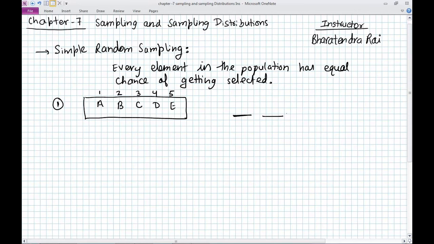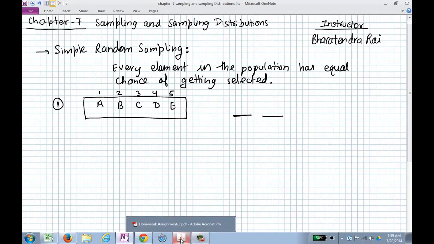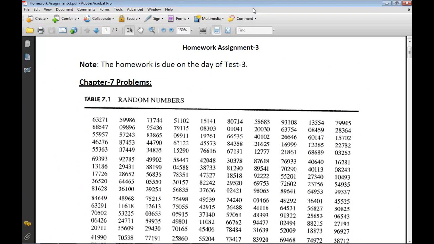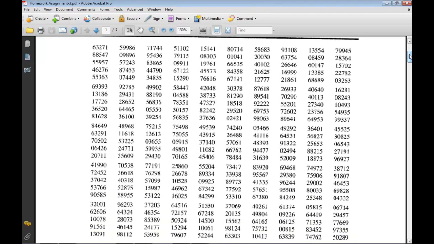Many times we make use of random number tables, and one such random number table is given in your homework file. So if you look at this random number table, and if you go from left to right or right to left, top to bottom or bottom up, whichever way you go, these random numbers are proved to be random.